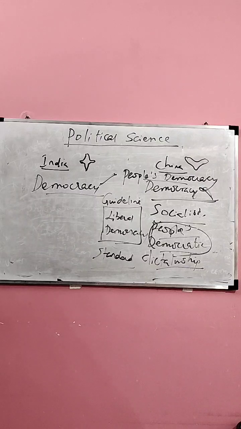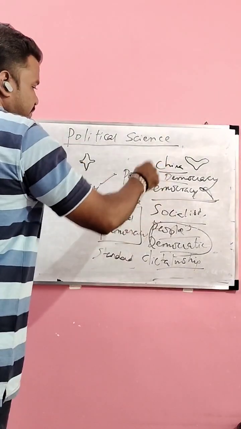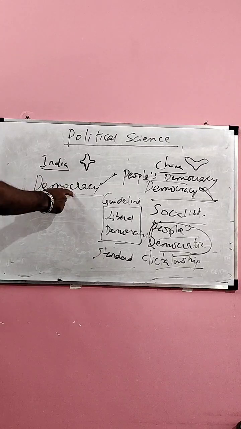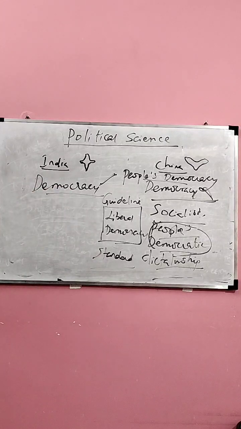So we don't accept China's people's democracy as a real democracy, but we accept India's democracy as a real democracy. Is it not? Indian democracy is the largest democracy in the entire world. Right. But is this enough for us?